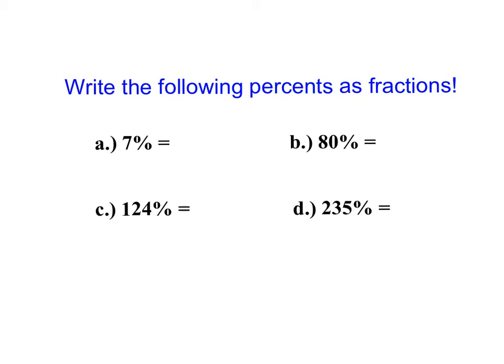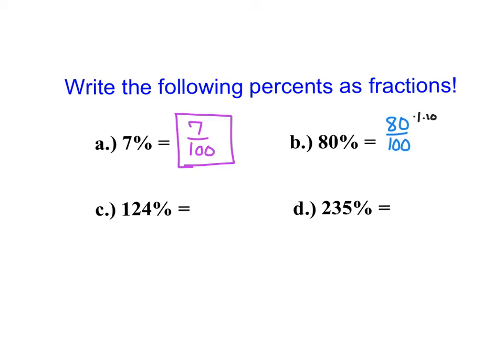First, with 7%, remember we want to put 7 over 100, that's turning it into a fraction, and then I notice that this is fully simplified, so I can stop. I then look at B and I see 80%, so I put 80 over 100. I notice that this can be simplified further, so this fraction is not done.